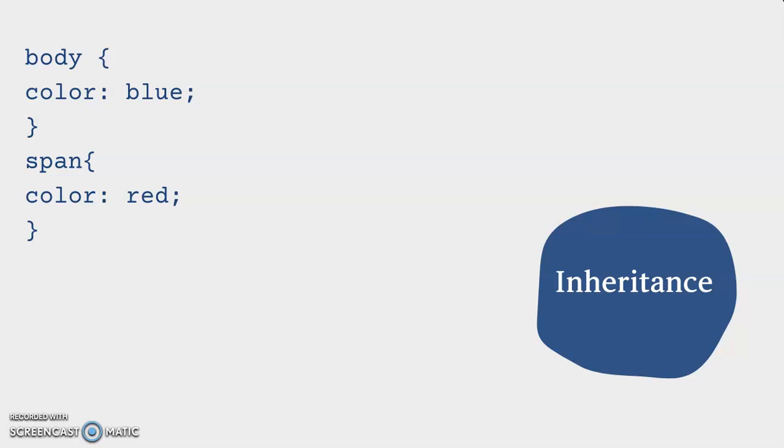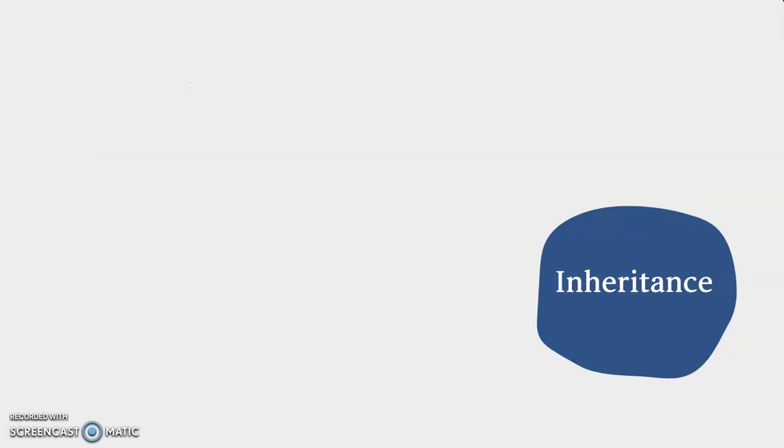For example, in this example where we have a body that is styled to the color of blue, all of the children, including the paragraphs, will be styled blue. But we also have a specific style with the value of red for a span.